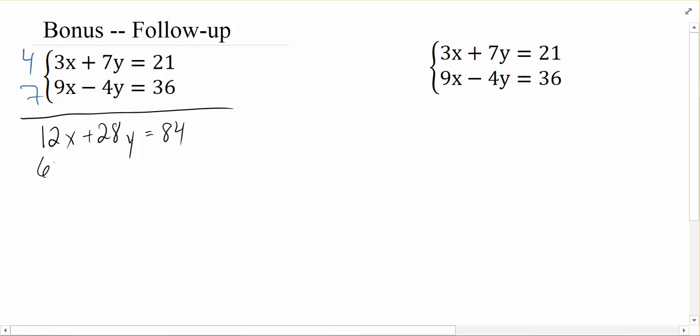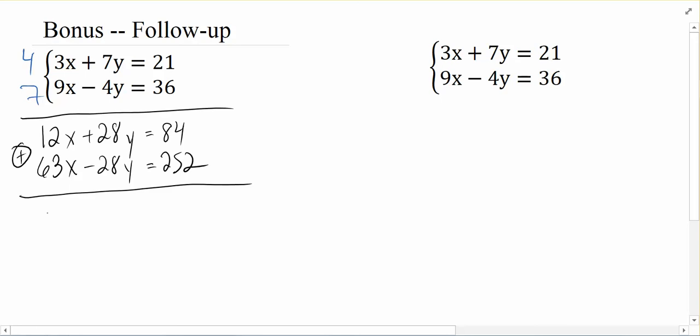And the second equation becomes 63x minus 28y equals, I'm going to use a calculator off to the side here, 252. Our numbers are big, but they're not fraction big. We add together to get 75x equals 336.